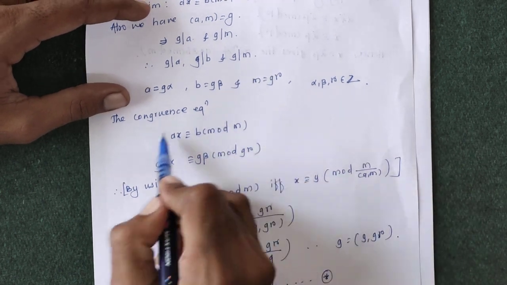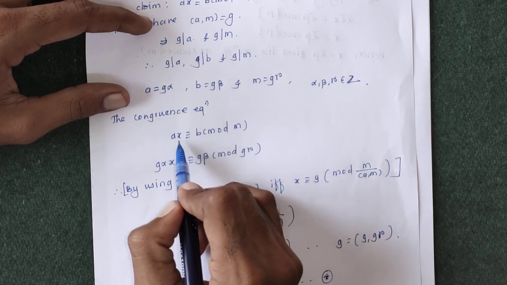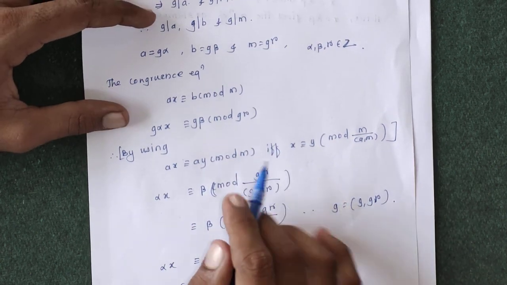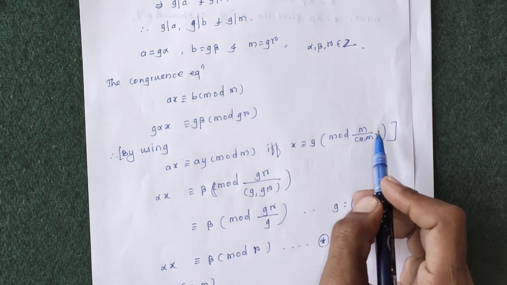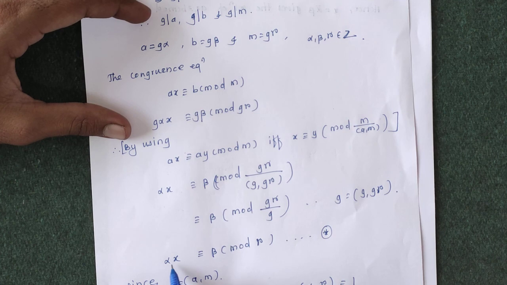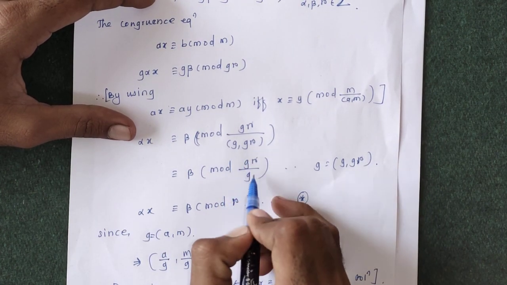Considering this congruence and rewriting the values of a, b and m, and using the result that ax is congruent to ay mod m if and only if x is congruent to y modulo m upon GCD of a and m, we get alpha x is congruent to beta under modulo gamma, since the GCD of g and g gamma is g.